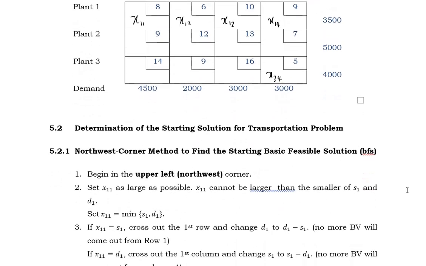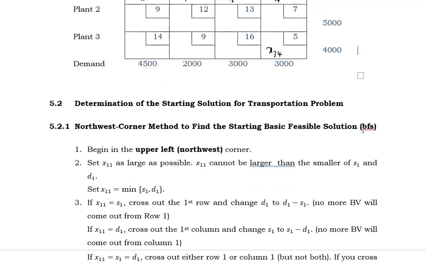Next, we need to find a basic feasible solution or initial basic variable to solve the problem. One of the methods that can be used to find a basic feasible solution for a balanced problem is the northwest corner method.